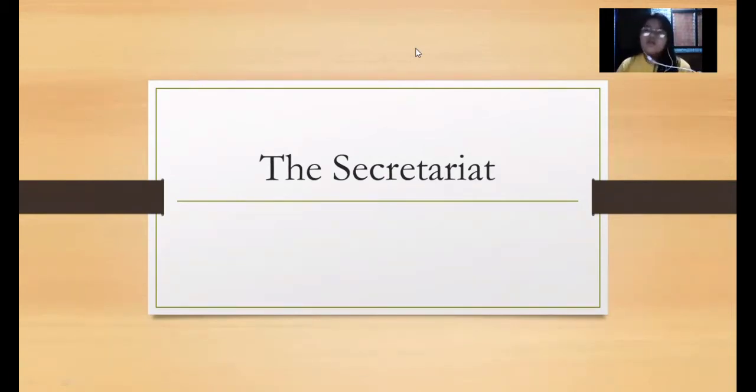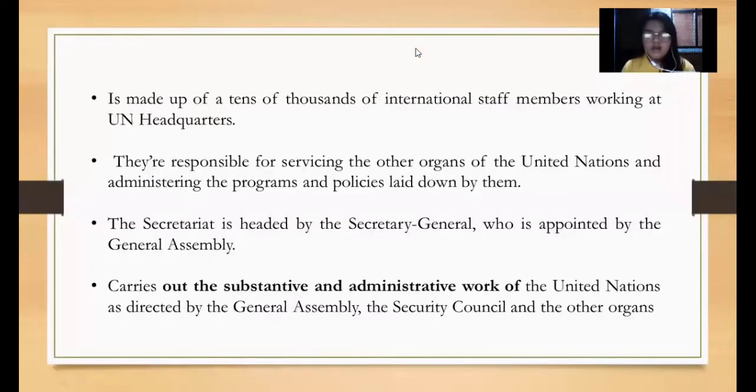So guys, the United Nations actually has five organs, and the last organ is the Secretariat, which I will be discussing today. So what is the Secretariat? When we say Secretariat, it is made up of tens of thousands of international staff members working at the UN headquarters.